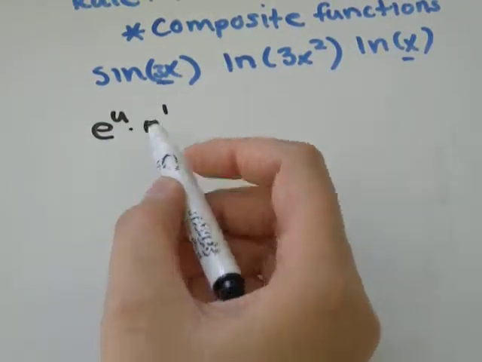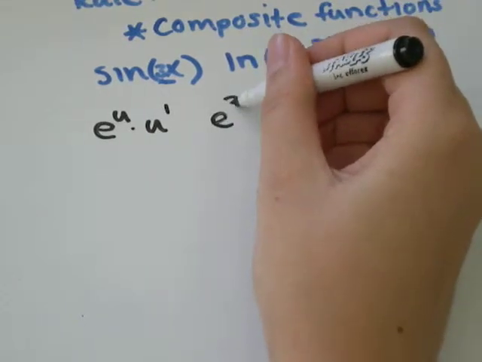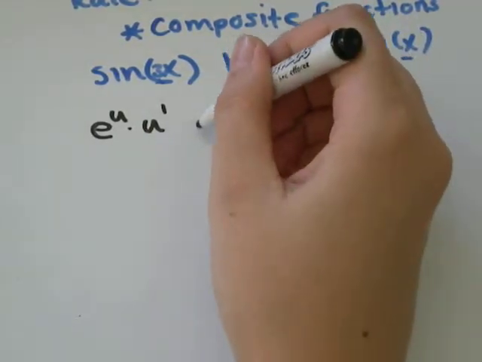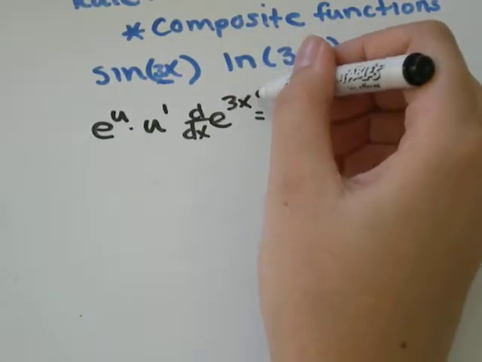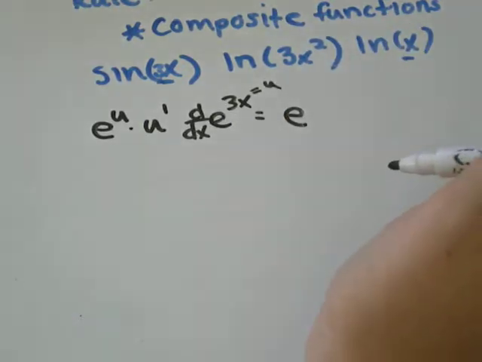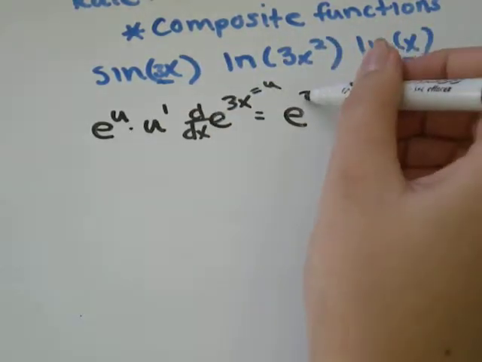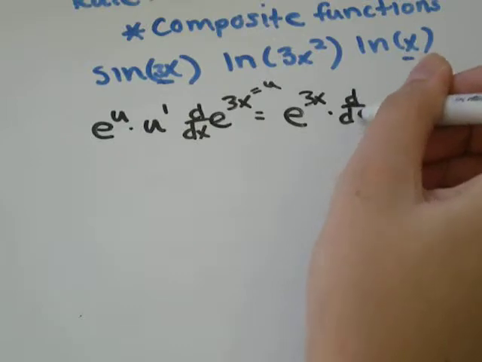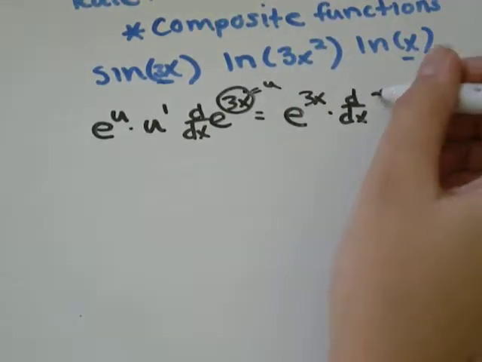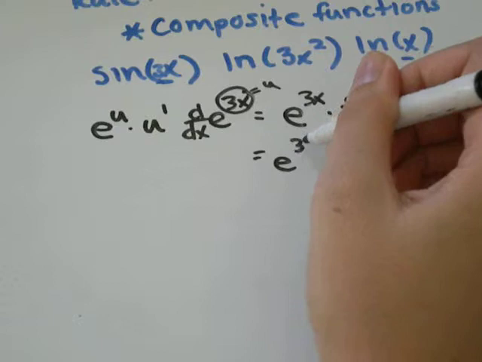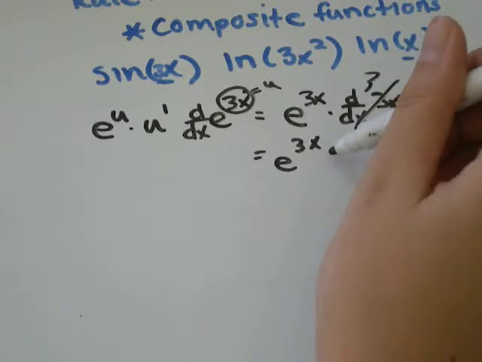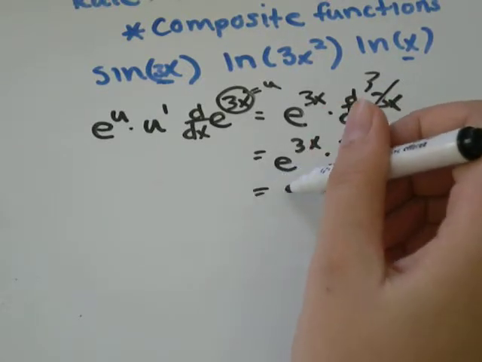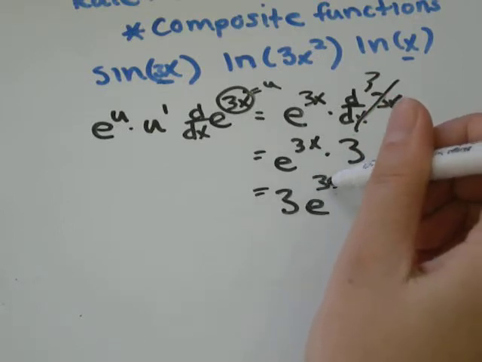What that means is the derivative of e to anything is e to the, we'll let u equal the 3x, it's e to the same thing times the derivative of whatever the exponent is. So we'll get e to the 3x times the derivative of 3x, well the derivative of x is 1 times 3, that would just be 3. So we'll be left with 3e to the 3x.